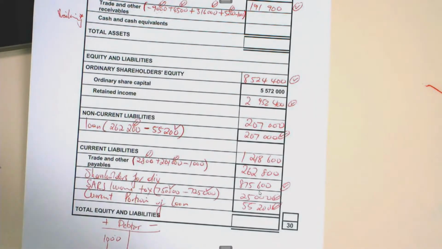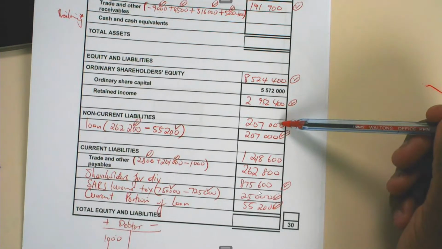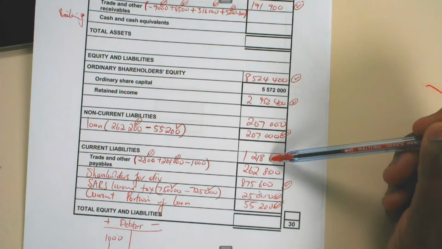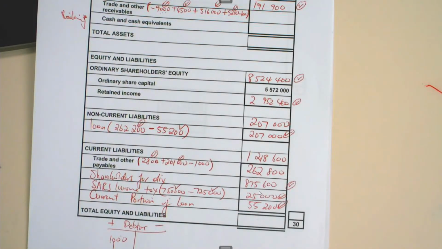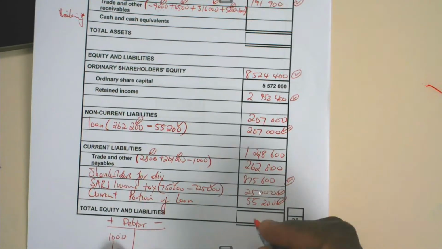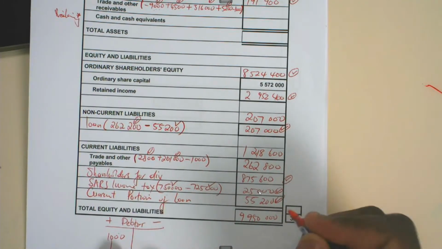Right. Now, since we have equity and liabilities, non-current liabilities, and current liabilities, we can have our total equity and liabilities, which is 8,524,400 plus 207,000 plus 1,218,600. You will have a total of 9,950,000.